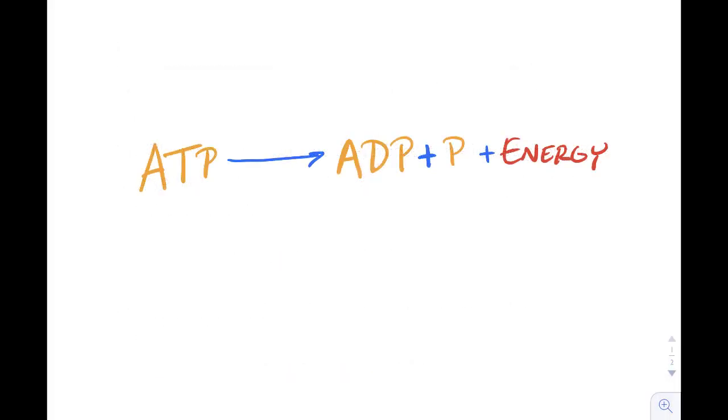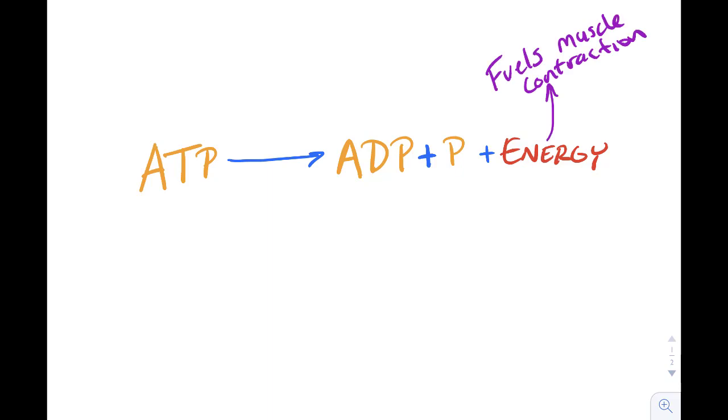So once again, we see the formula or the reaction that allows ATP to be broken down to ADP, which is adenosine diphosphate, because it only has 2 phosphates, a free phosphate group that will be circulating within the cytoplasm, and the release of energy.